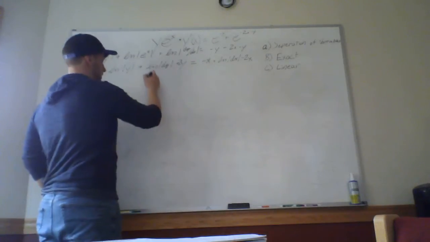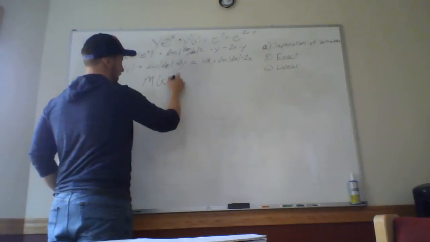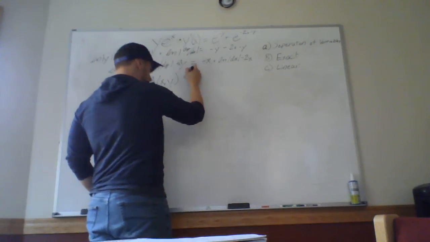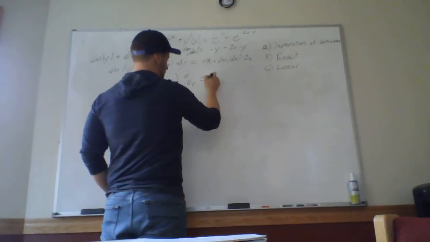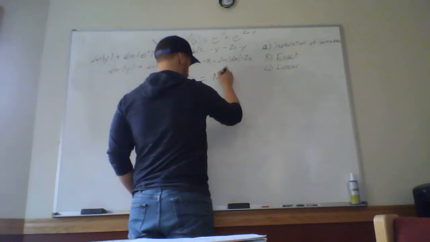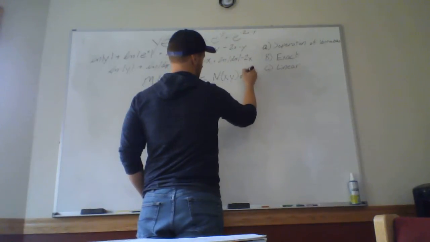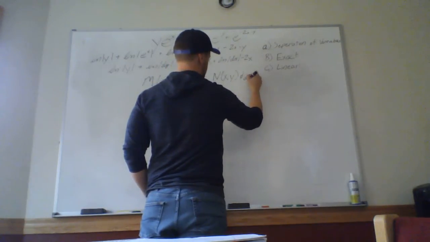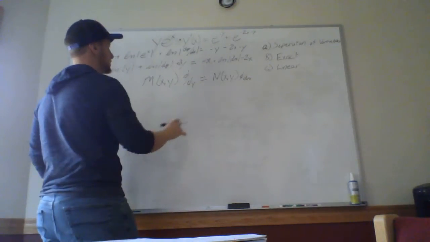So it'll look like M of x, y, the partial differentiation with respect to y, will be equal to N of x, y with the partial differentiation with respect to x. So these two pieces have to be equal to each other.